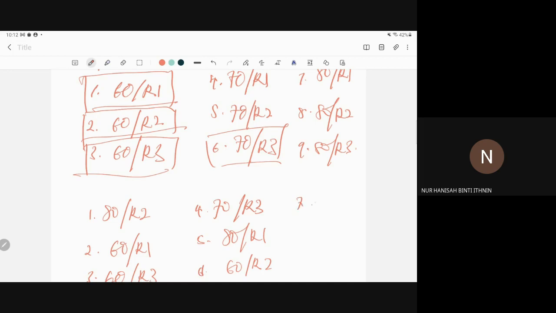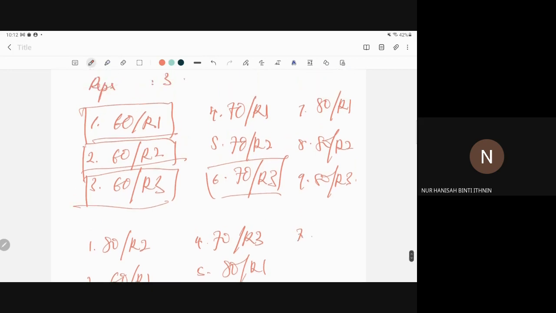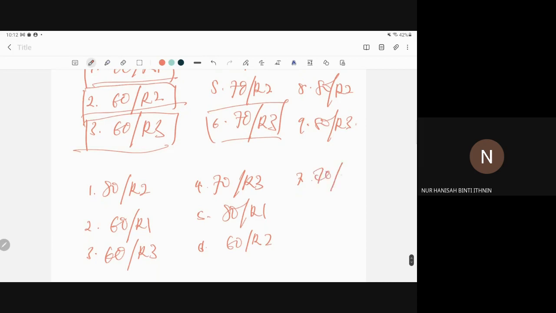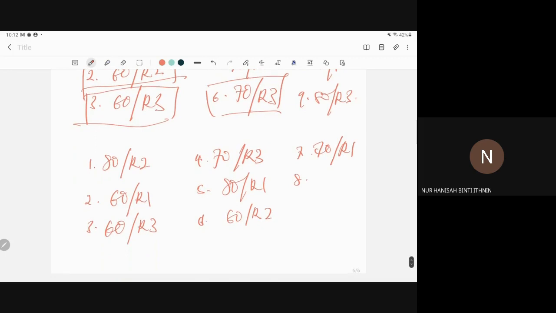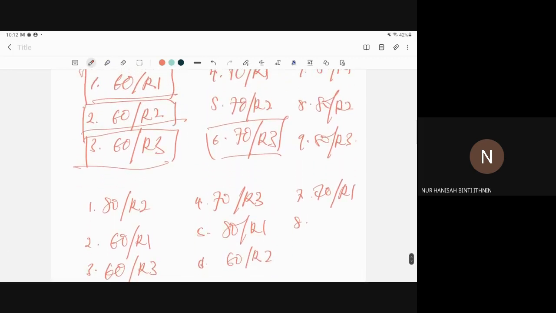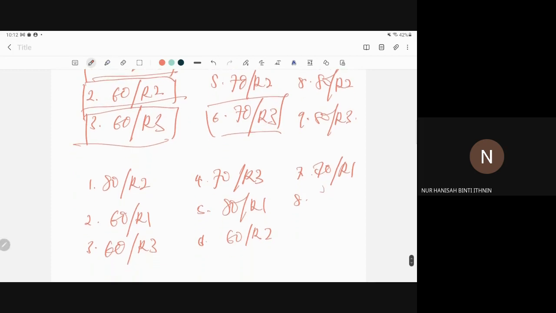Then the seventh, 70 rep 1. The eighth, which one is not yet picked? 80 rep 3. And then 70 rep 2. So this is cabut undi, picking straws, and you have this sequence. This sequence is what we call a run order. This is our randomization.